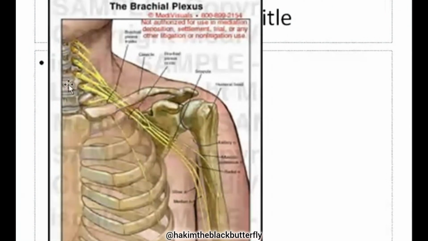When the spinal cord is passing through the neck, it gives off 8 spinal nerves. 8 pairs, because it's both on the right and on the left. So when the spinal cord is passing through the neck, it gives off 8 pairs of spinal nerves.